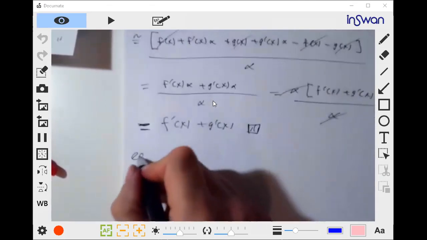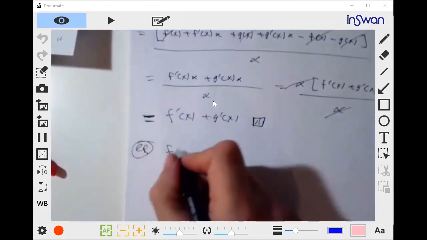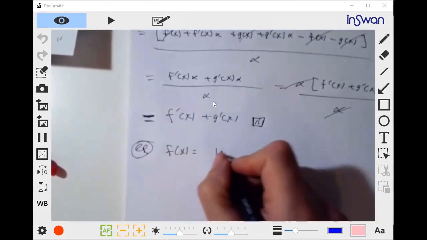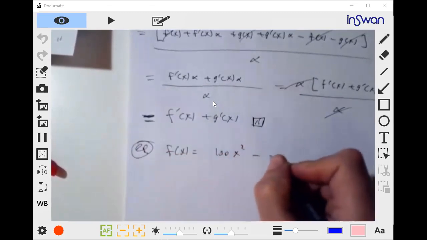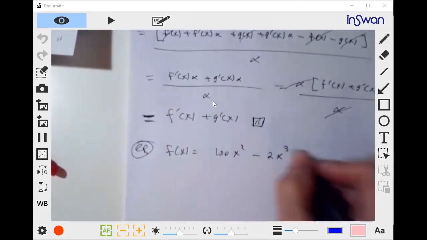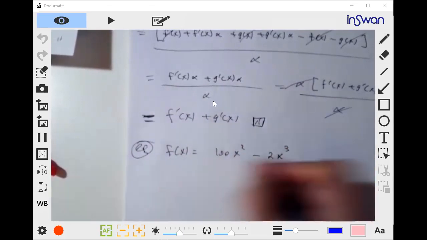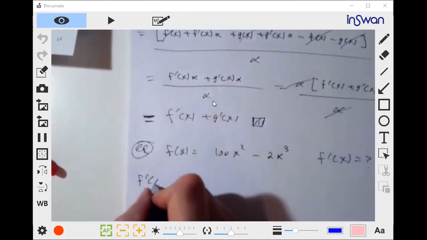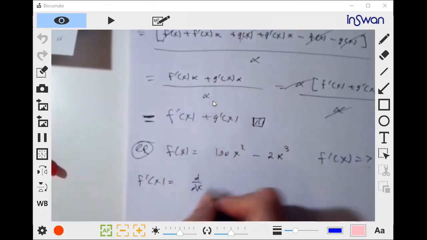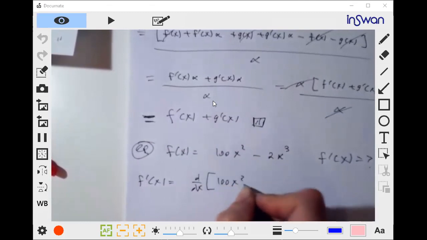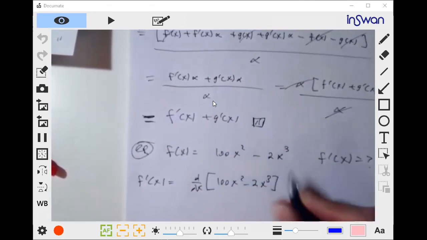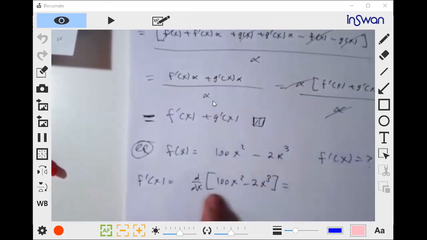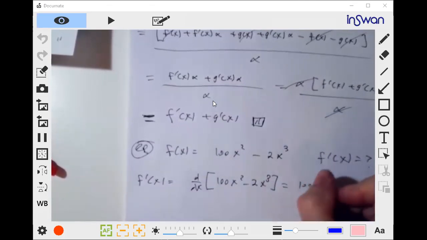So what does this mean for you? This means that if my f of x is equal to 100x squared minus 2x cubed, what is f prime of x? Well, f prime of x is just d dx of this. And the d dx travels to both of these terms and ignores the constants out in front.